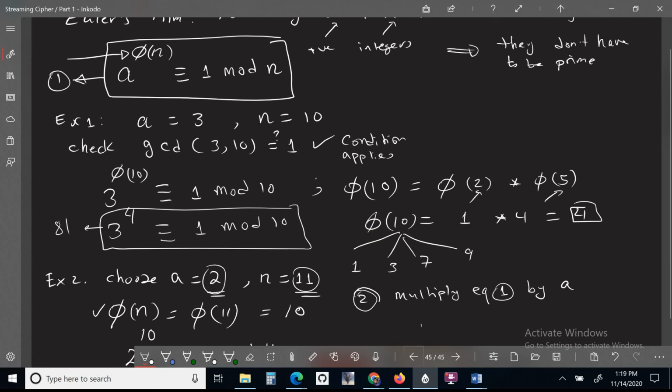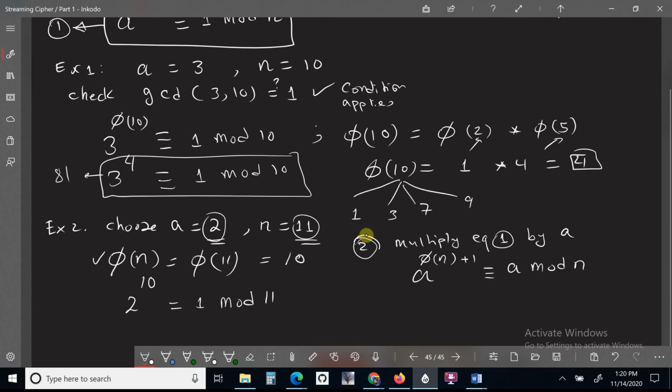So we'll have a to the power phi of n plus 1, because when you multiply by a to the power 1 you add the exponents, is equivalent to a mod n. So this is the variation to the formula, like what we did with Fermat's theorem. So these are the formulas.